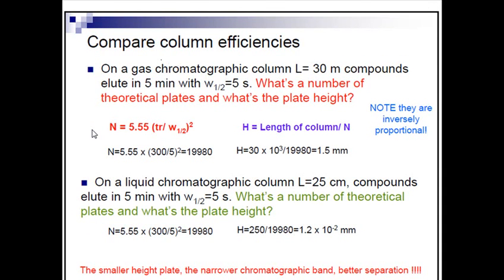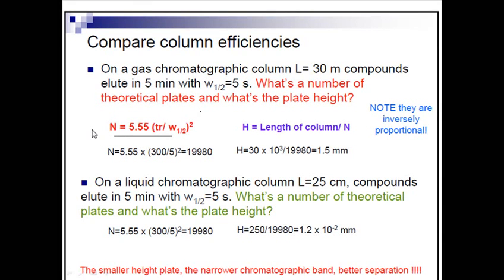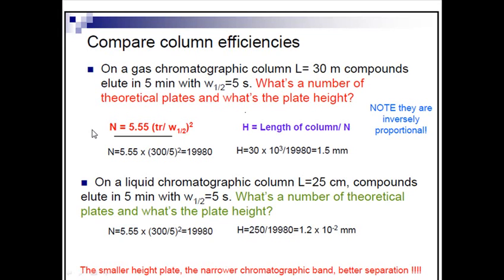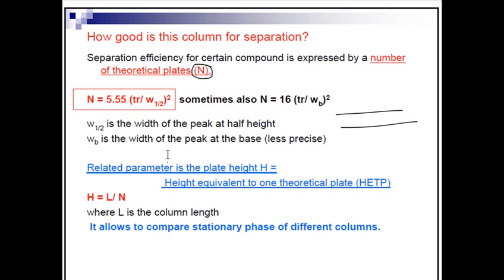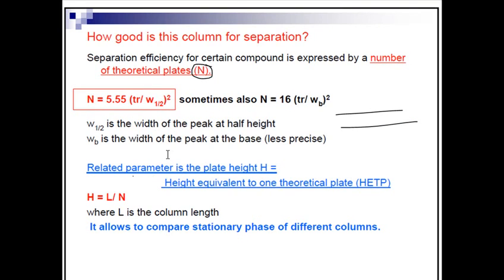We can also compare different column efficiencies using this number N, the number of theoretical plates, and we can also determine H. What was H? H is the related parameter, the plate height.